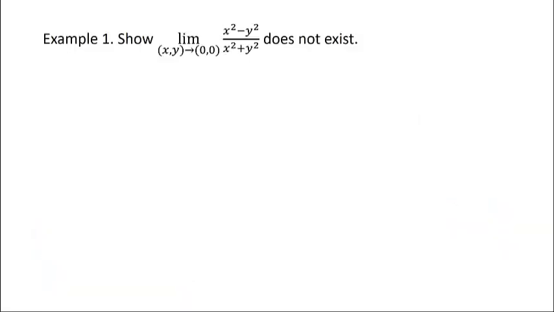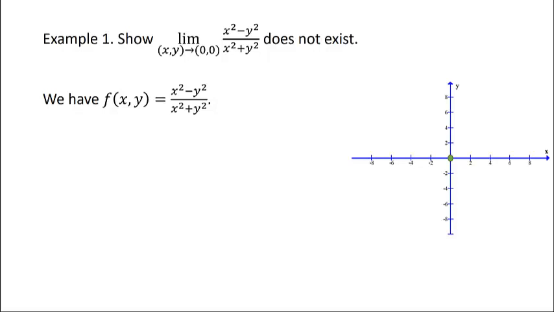Here's our first example. Let's show that the limit as (x, y) approaches (0, 0) of (x squared minus y squared) over (x squared plus y squared) does not exist. So our function in this example is (x squared minus y squared) over (x squared plus y squared), and we are approaching the point at the origin, (0, 0).